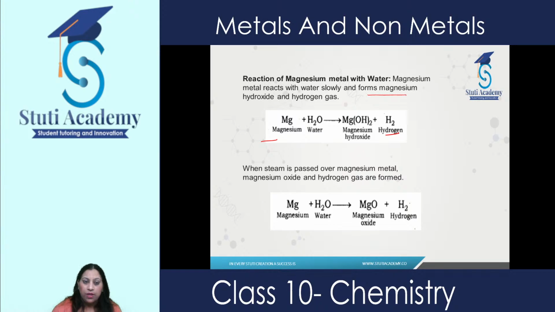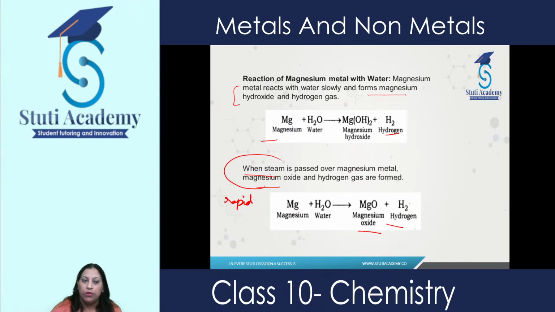Then when magnesium reacts with steam, because the temperature of steam is more than that of water, it results in the formation of magnesium oxide and hydrogen gas evolves. This reaction is very fast, it is a rapid reaction. But the reaction with water is slow.